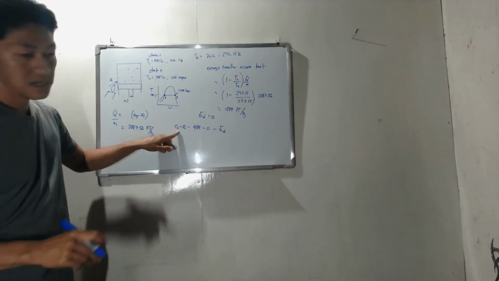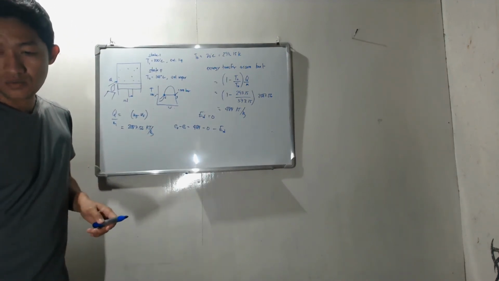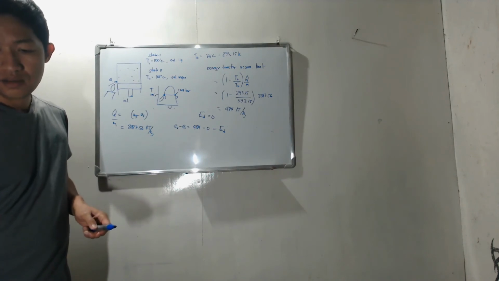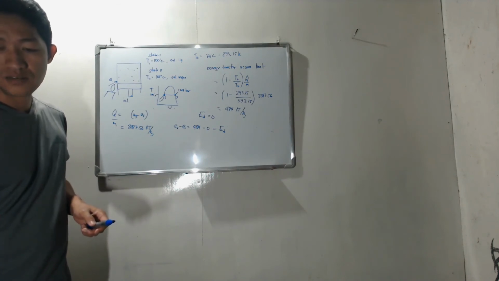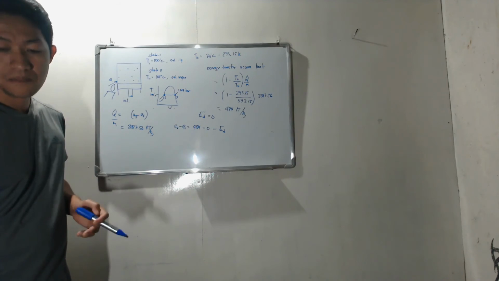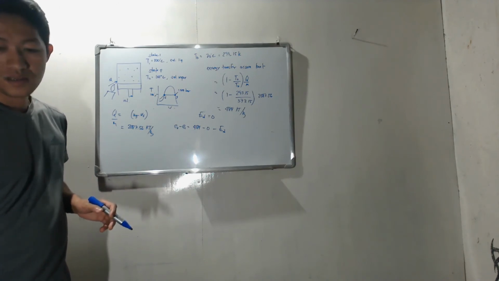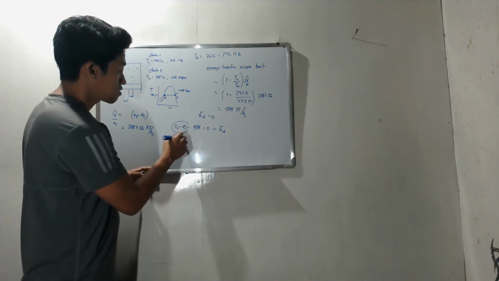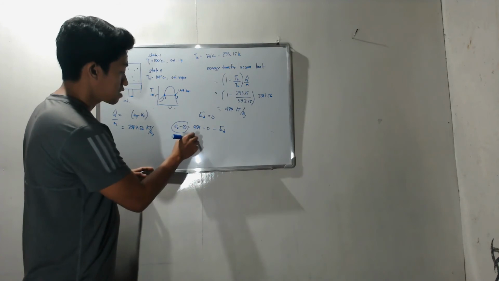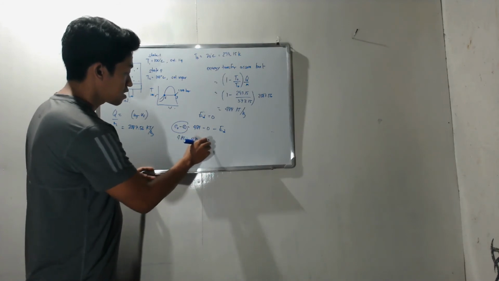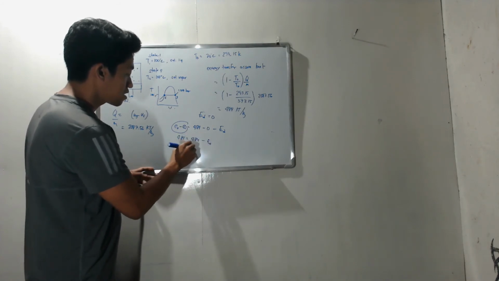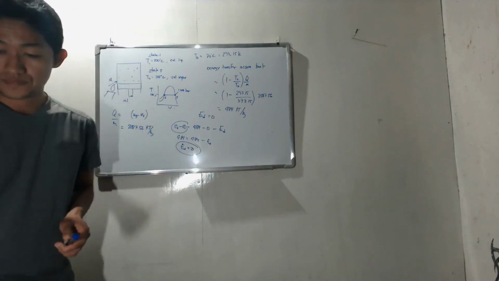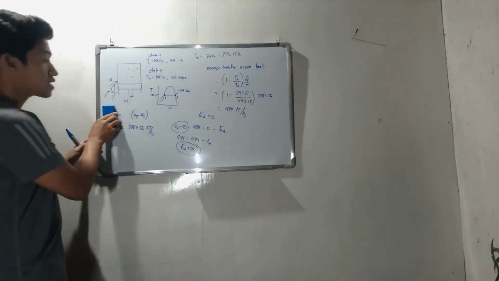And A2 minus A1 is from what we previously obtained, 484. Therefore, the exergy destruction is 0.